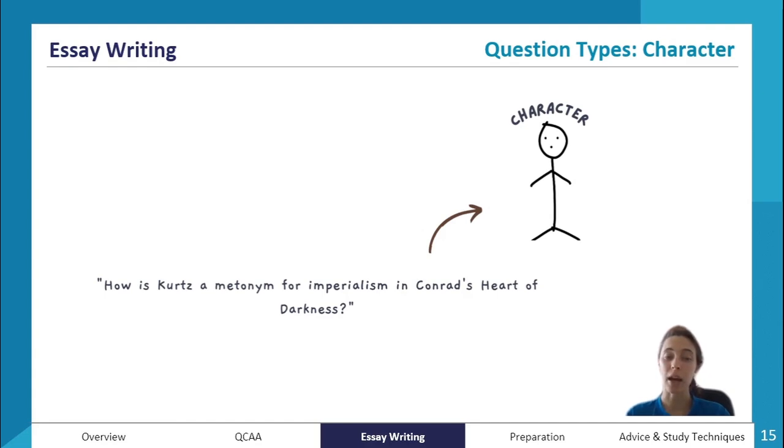So this is about a particular character and their role in the text. But you can see that it actually has some overlap with that idea of the themes as well, a thematic kind of question, because you've got this idea of imperialism as well, and even looking at that idea of a metonym as well, you're bringing in some other question types too here.